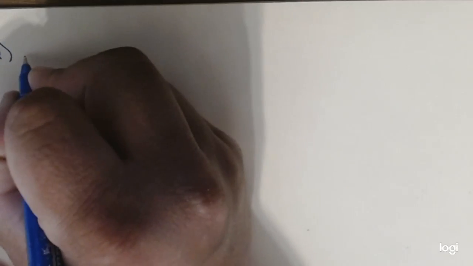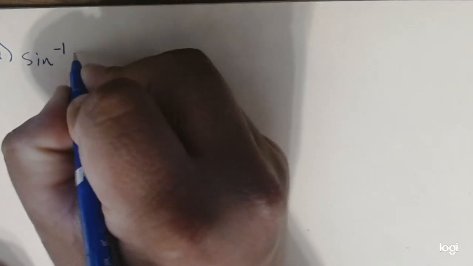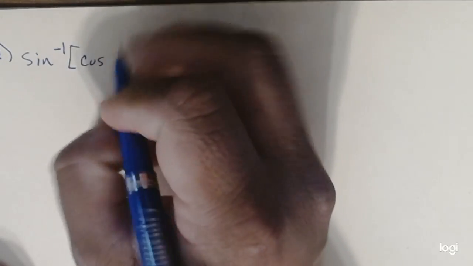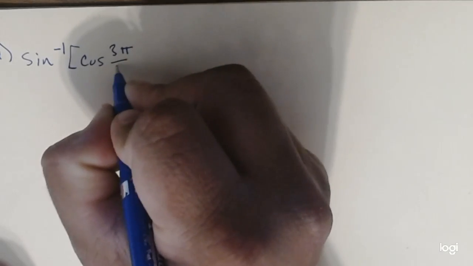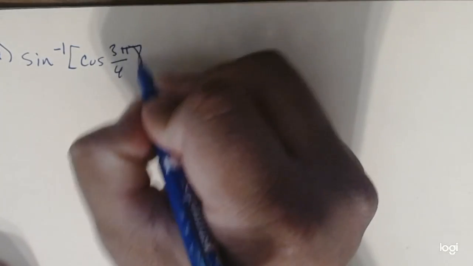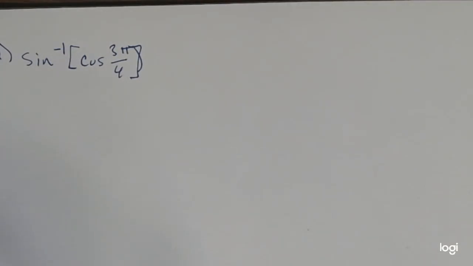So let's go D. So this one I try to trick you when it comes to it. Right. So let's see. What is cosine of 3 pi over 4? This is a trick question. Okay.